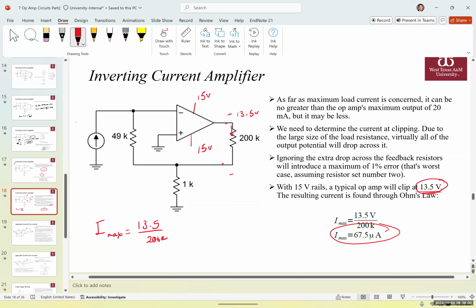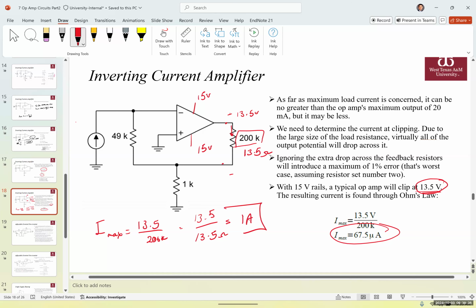One thing that significantly impacts the output current is the output resistor. Imagine that instead of 200K, we have 13.5 ohms. So 13.5 volts over 13.5 ohms gives us 1 amp.